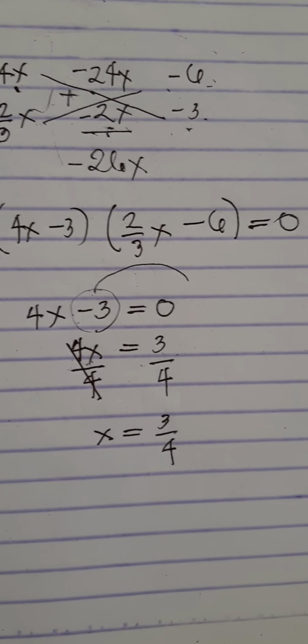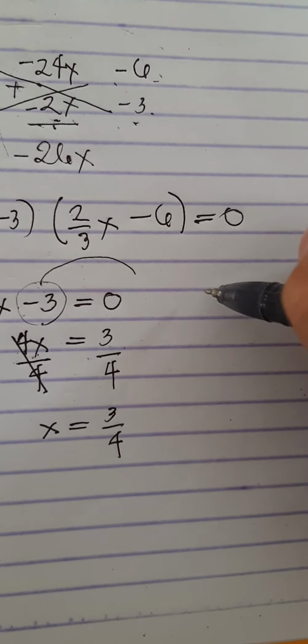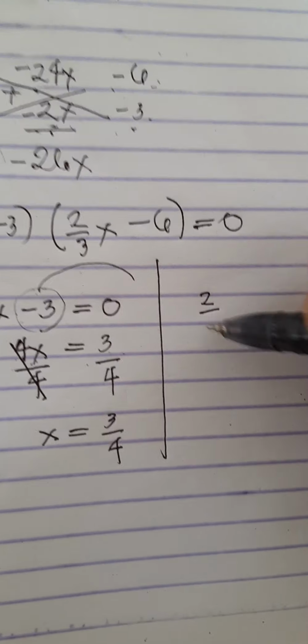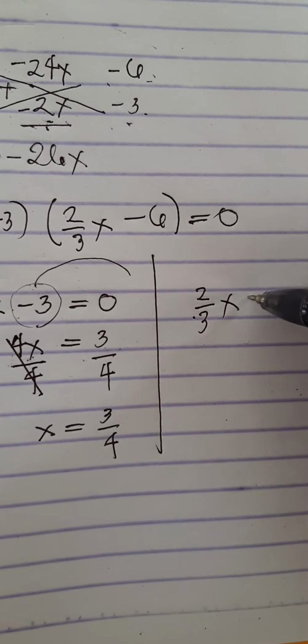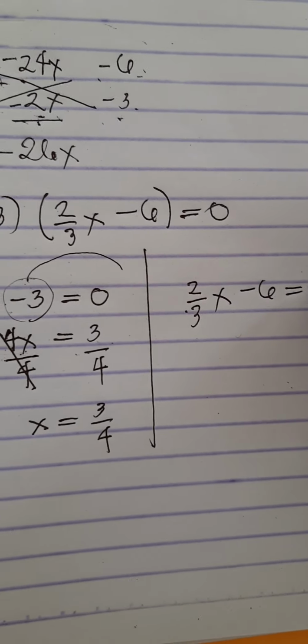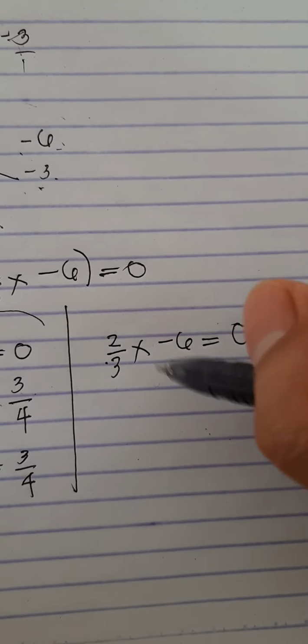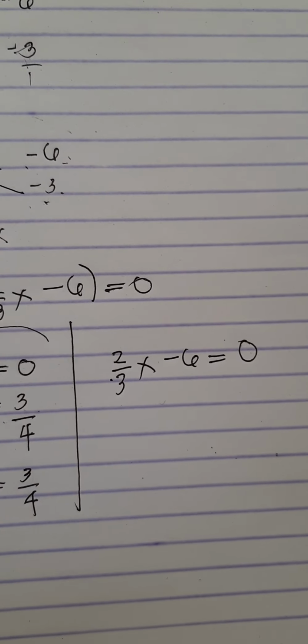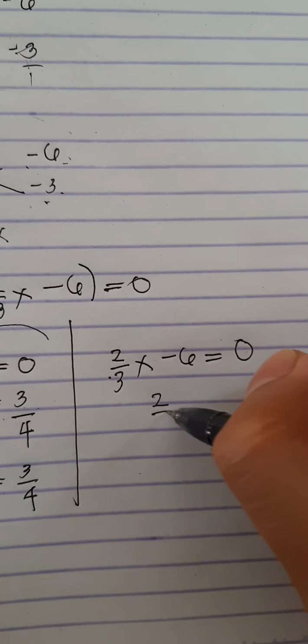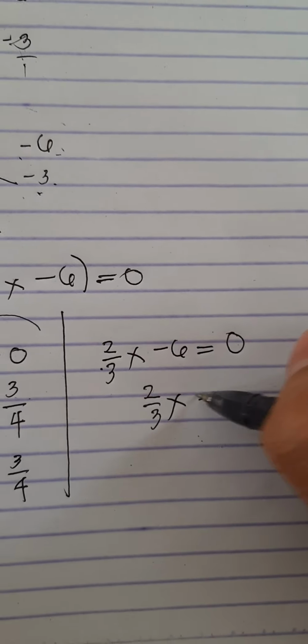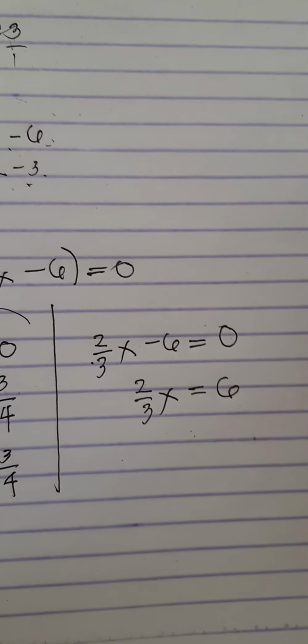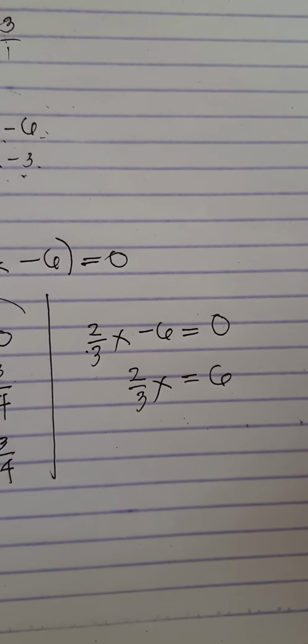Next, we have 2/3 x minus 6 is equal to 0. Same process with the first factor. We will apply the addition property of equality. So we have 2/3 x is equal to positive 6. The sign will change.